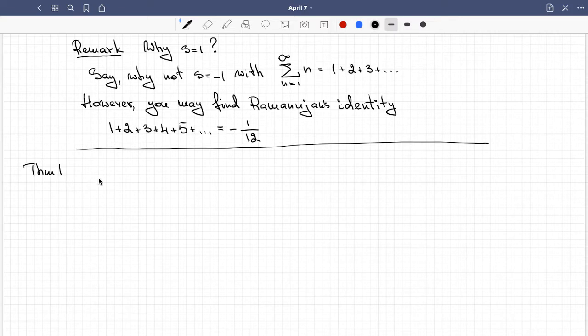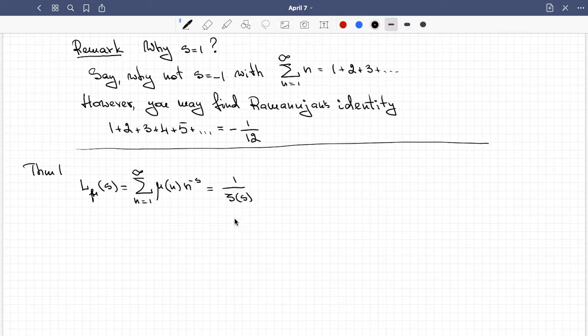Take mu, so L mu of s is defined as the sum from 1 to infinity of mu of n times n to the negative s. This is the definition. The theorem claims that what we produce is 1 over zeta of s.